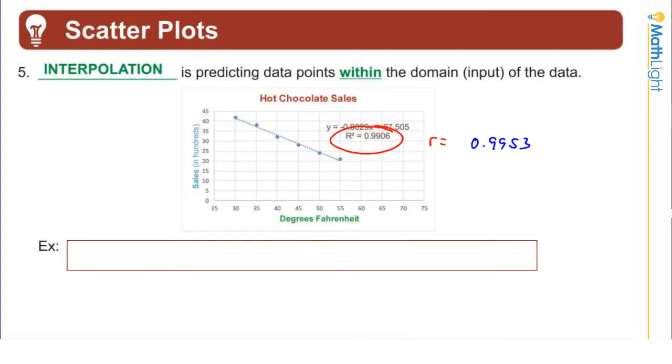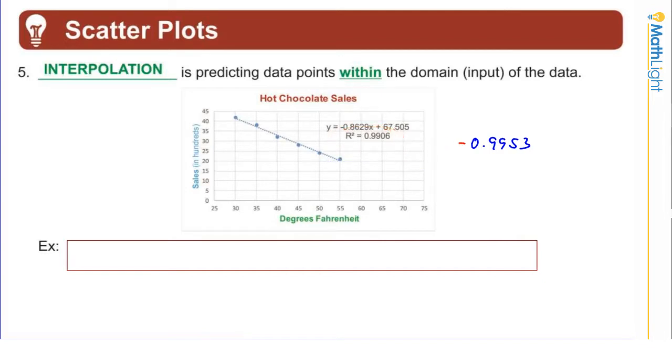If I go to 4 decimal places. Now here's the question. Is that a positive 0.9953 or a negative 0.9953? And you have to know, because any number squared is always positive. That's why R squared is positive. So you have to know that this is a negative, right? So what would be the value of R? A negative 0.9953.